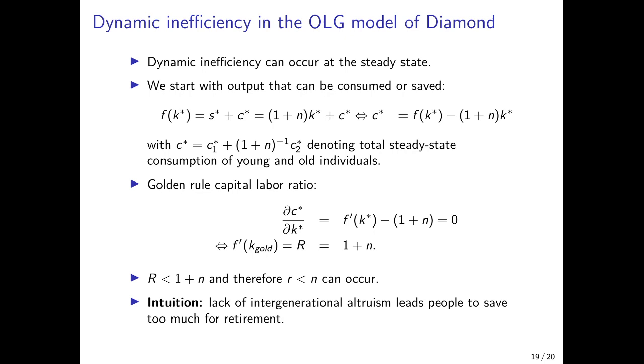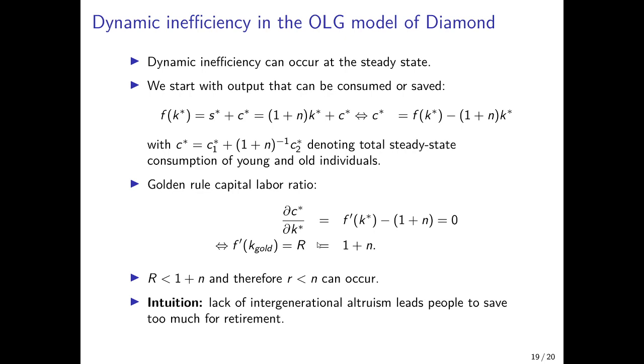Now, however, in the overlapping generations model, nothing prevents the gross interest rate from being lower than 1 plus n, and therefore the net interest rate from being lower than the population growth rate, because the rate of depreciation is equal to 1 in the standard overlapping generations framework, because over one generation the whole capital stock depreciates. And that means that there is no restriction in the overlapping generations model why dynamic inefficiency could not occur.